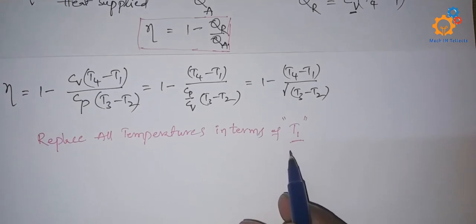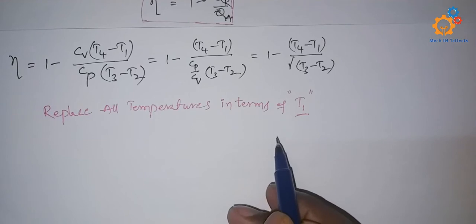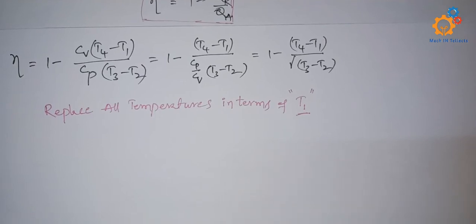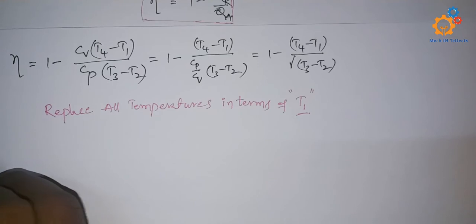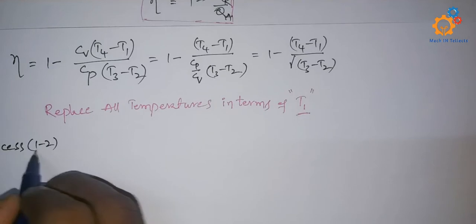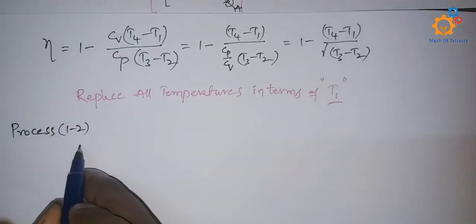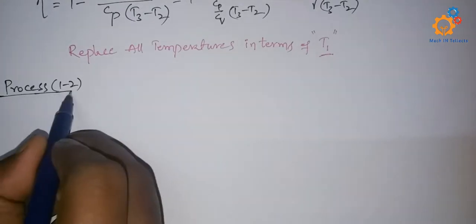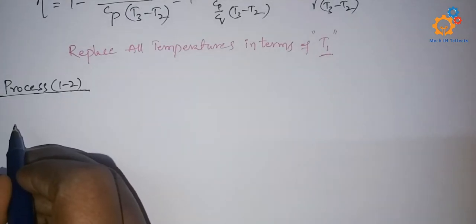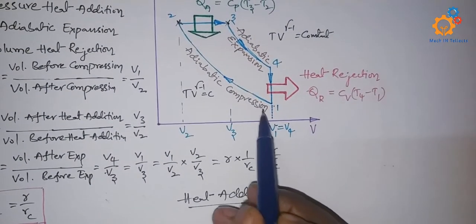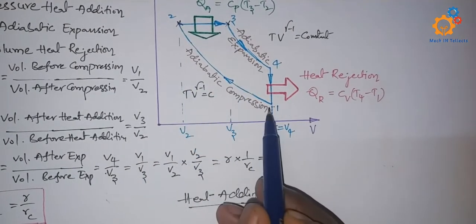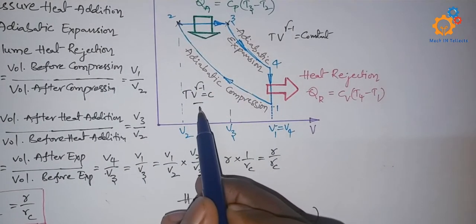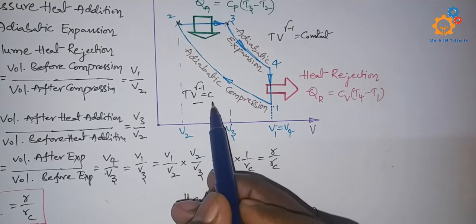For that, I will follow just 3 steps. Let's start with step 1, that is process 1 to 2. What is process 1 to 2? It is reversible adiabatic compression, where I will use the relation Tv power gamma minus 1 is equal to constant.